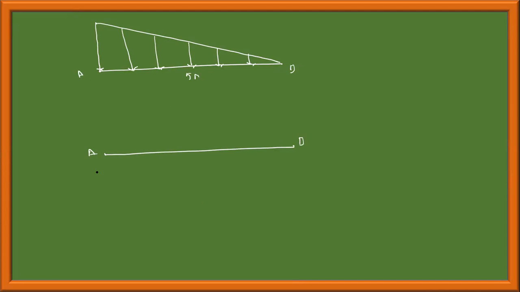If this is a load diagram, how would the shear force be? The load is linear, so shear force would be quadratic. You should remember that: shear force will be quadratic, and bending moment is cubic.